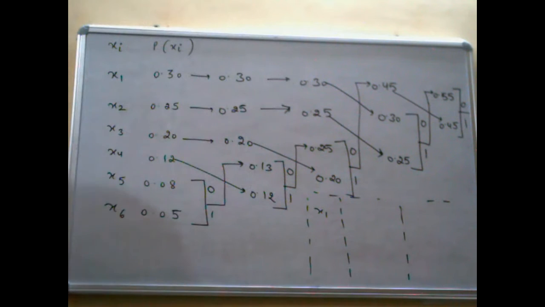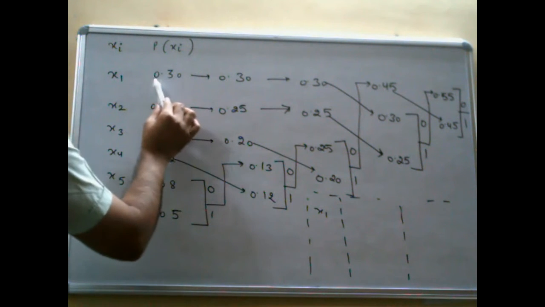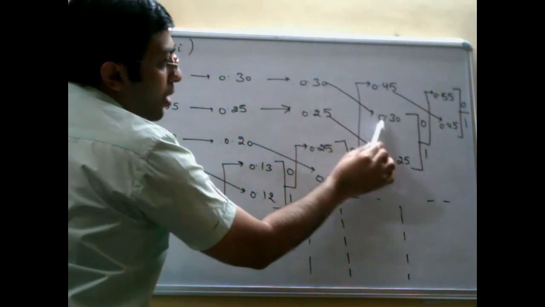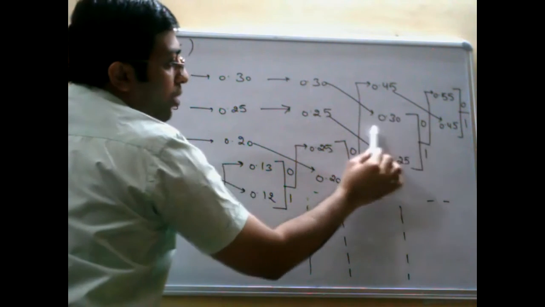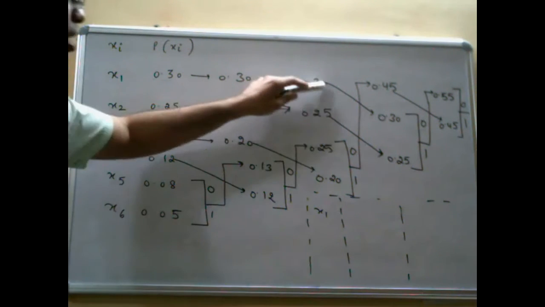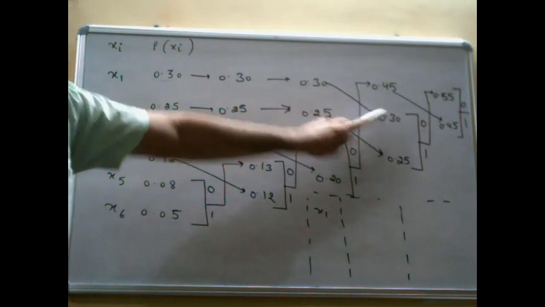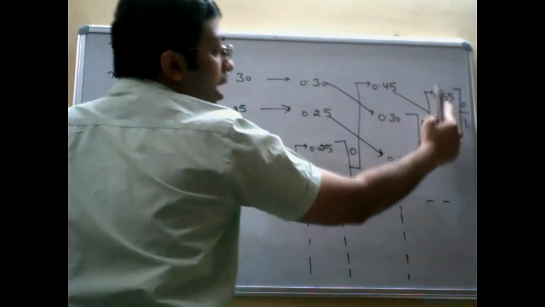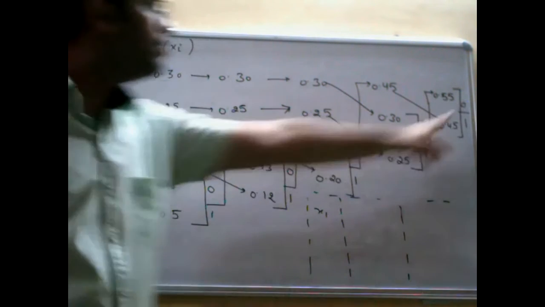What will be the value? For x1, if you go along this line, you see no symbol, you move over here to the bottom. What is the first symbol you encounter? That is 0. Then you move to the top. At top also you have got 0.